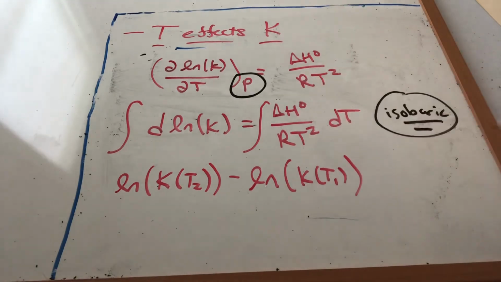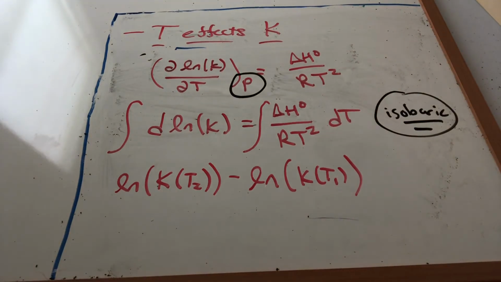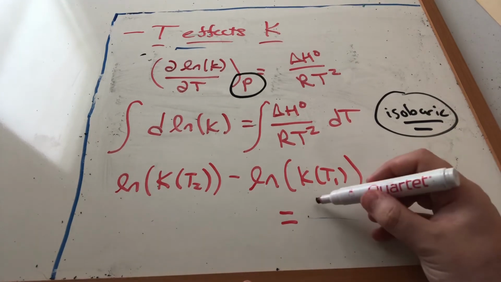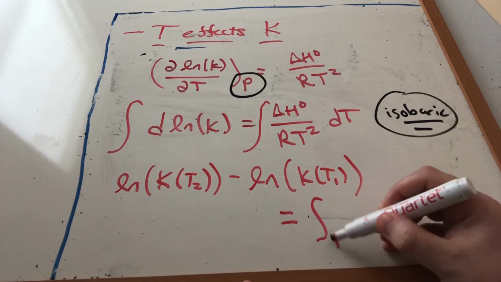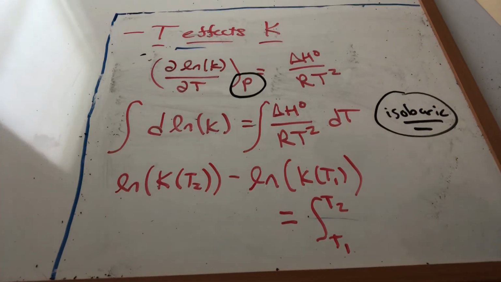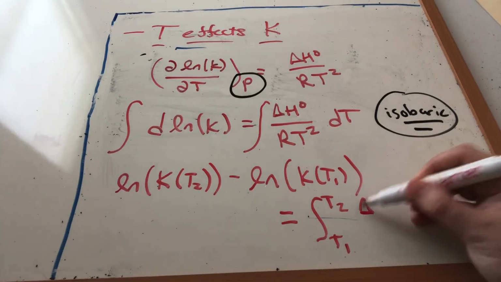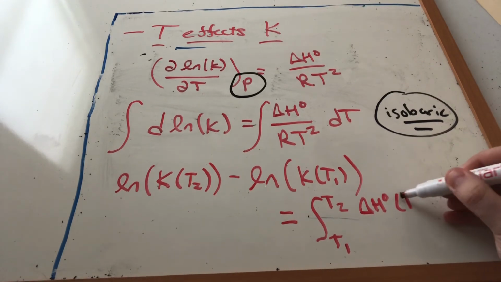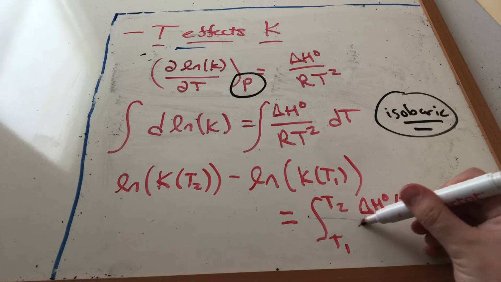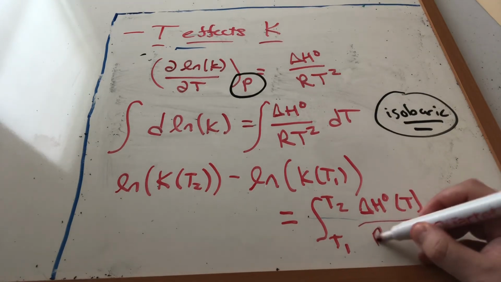Over here, when I do this integration, I really don't have any other simplifications I can make. I'm going to make that point by writing out all the details. This integral will be between T1 and T2. Check to make sure you can see that. Okay, good. Delta H naught, we remember, is possibly a function of temperature, so it's not something we can necessarily take out of this integral.